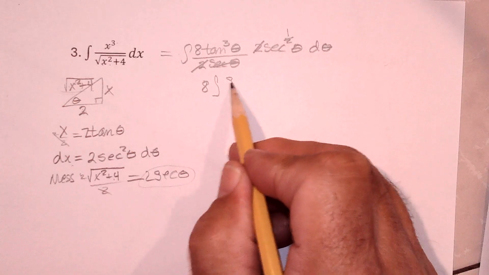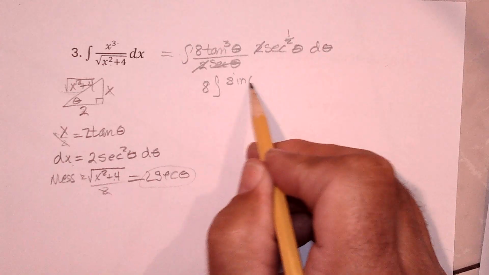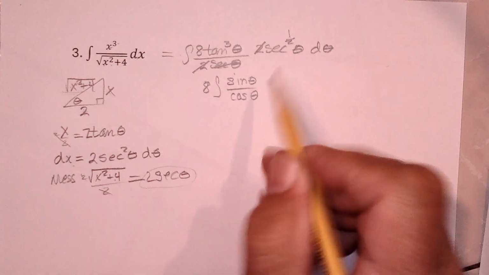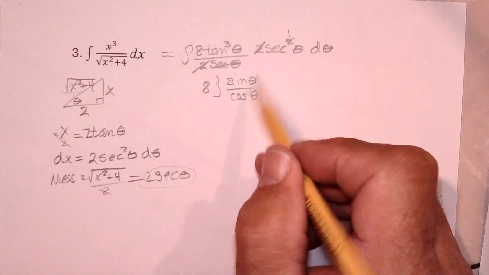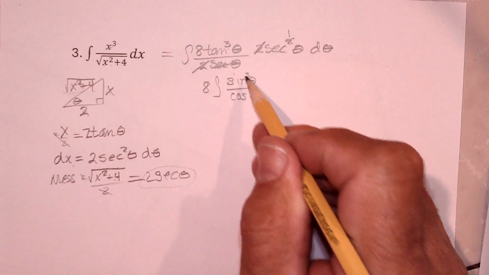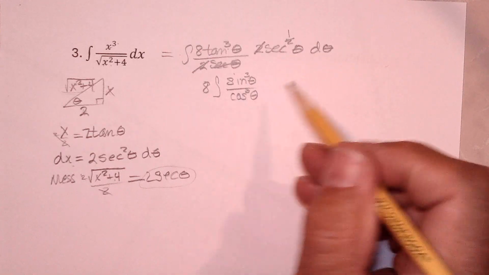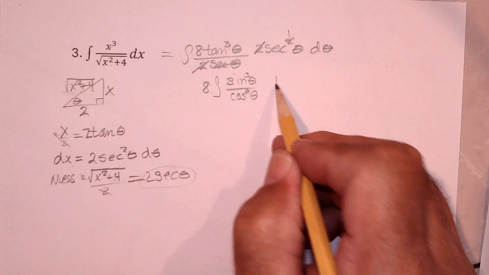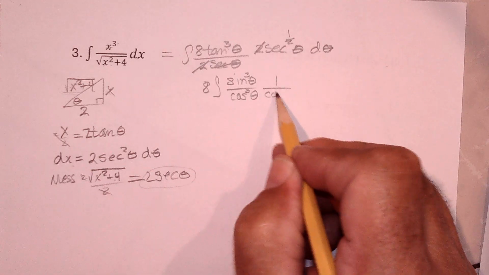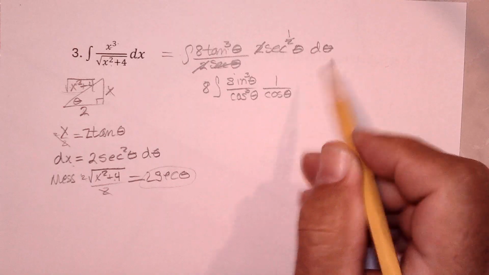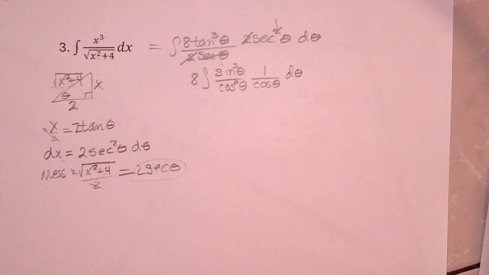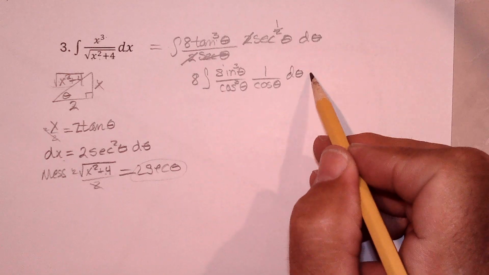Tangent is sine of theta over cosine theta. And since it's to the third, I'm going to have 3 of these multiplied and 3 of those multiplied. And secant is 1 over cosine d theta, which is looking pretty ugly.